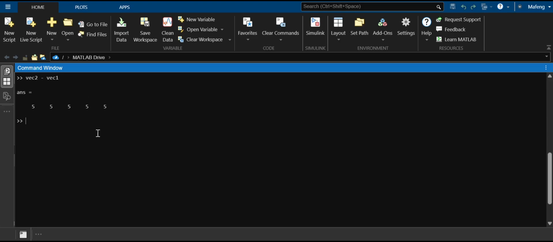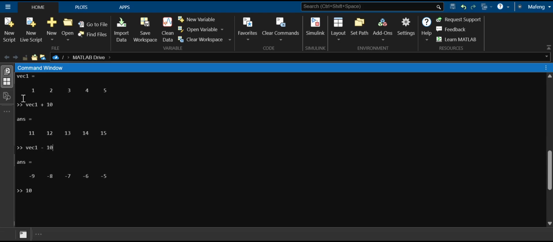Right, but you can also add scalars. So vector 1 is 1, 2, 3, 4, 5. If I wanted to increment each number by, let's say, 10, 10 will be added to each element in the vector or the matrix. 10 plus 1, plus 2, plus 3, plus 4, plus 5. Right, all of them have been incremented by 10. You can also decrement by a scalar, a specific number as well.